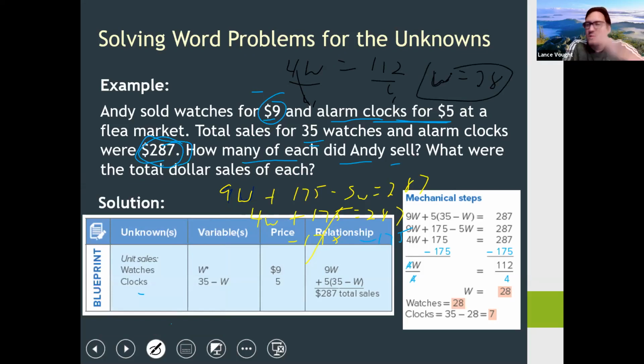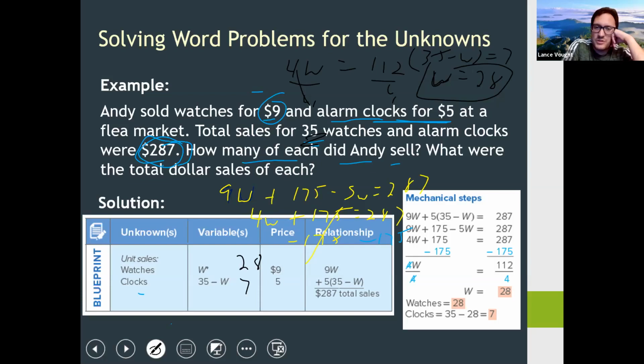So we know how many watches were sold by Andy. He sold 28. He sold 35 total items. So if we do 35 minus 28, just 35 minus W equals 7. So we know that we sold 7 clocks, 28 watches.